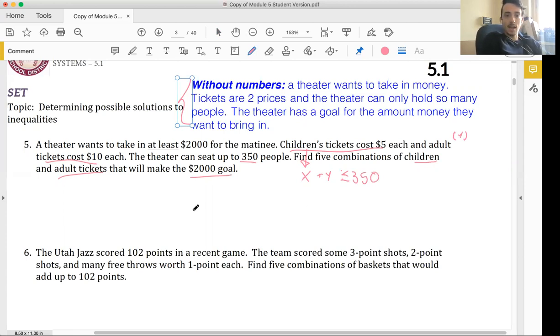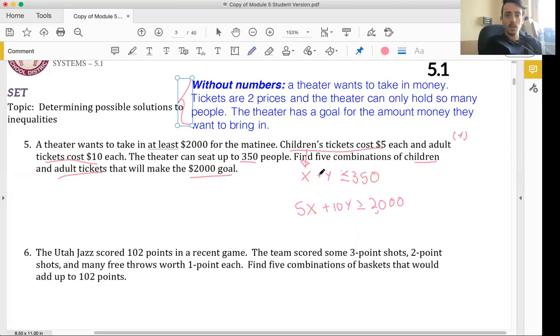And if I was going to aim for my goal, X is the number of children's tickets purchased, and I add on the number of adult tickets, but multiply that with 10. This is going to talk about the money now. And we're trying to get this to be greater than or equal to 2,000.